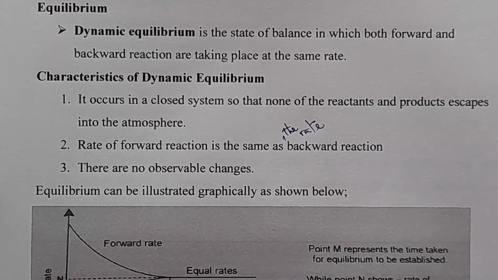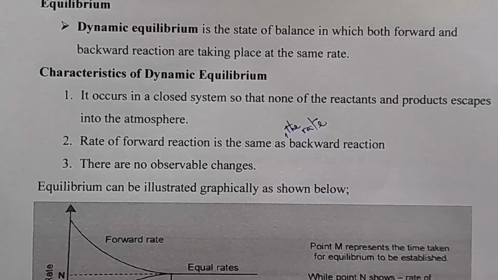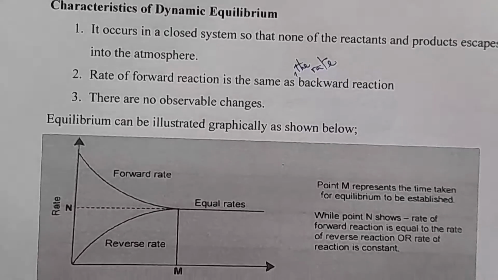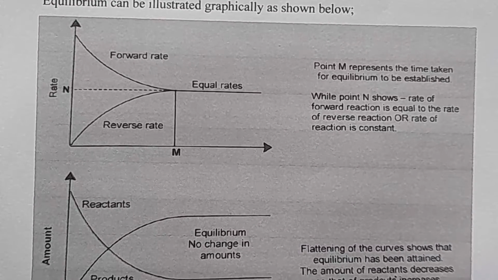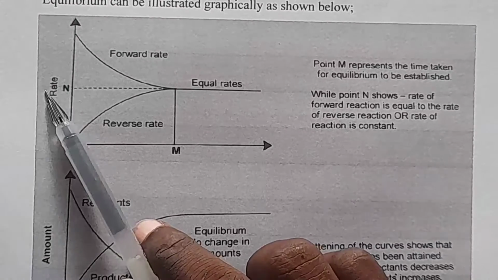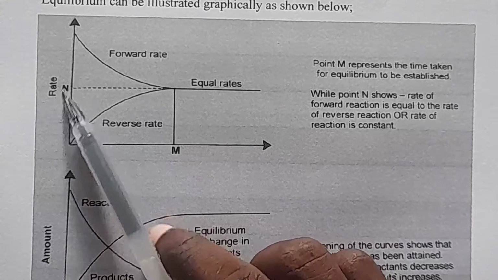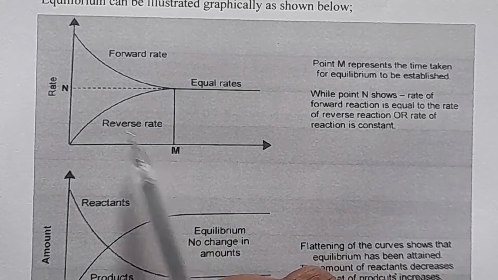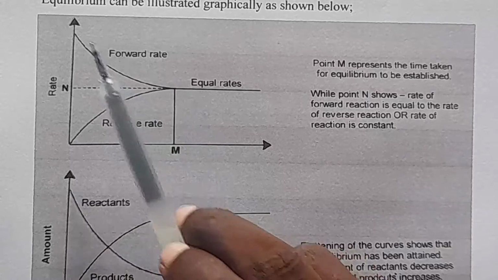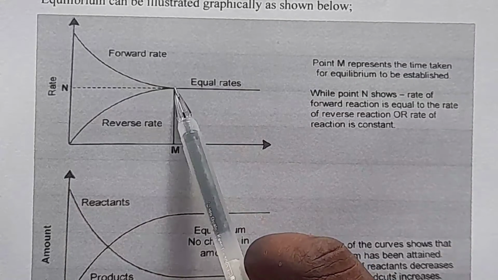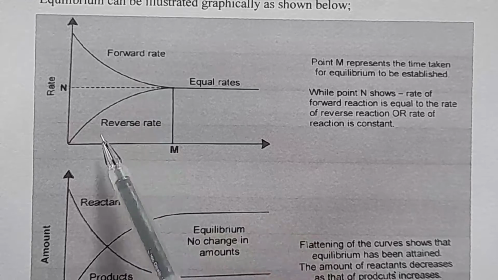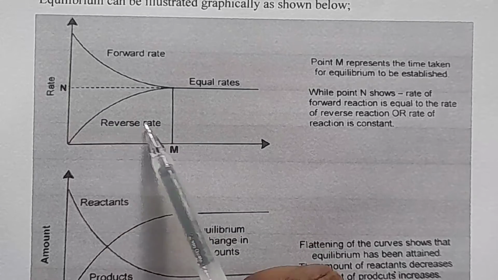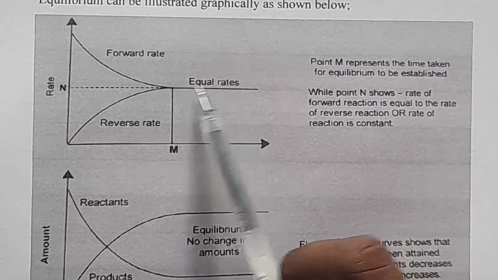Okay, next we are having equilibrium can be illustrated graphically as shown below. So these are the two graphs we have. Okay, the first one, we are having rate here, and we are having point N and also M. So this is reverse reaction, and this one is the forward reaction. So this is point N, where forward reaction and also backward or reverse reaction are at equal rates.